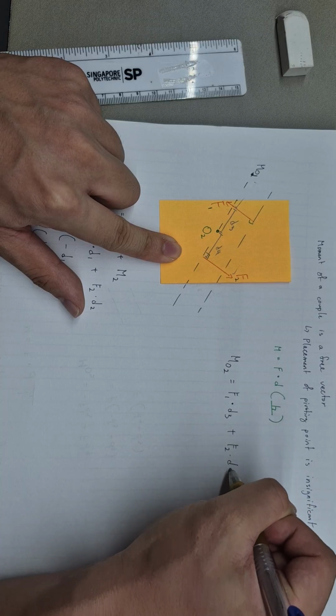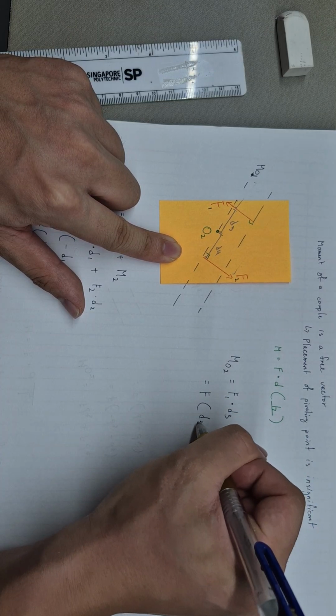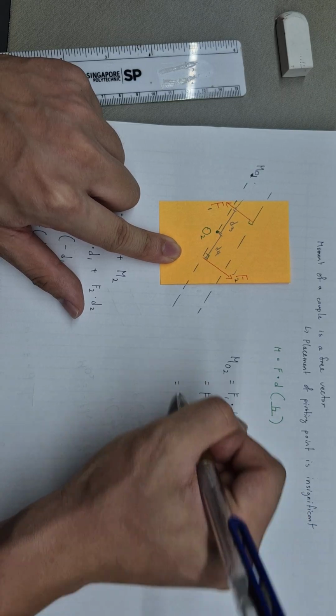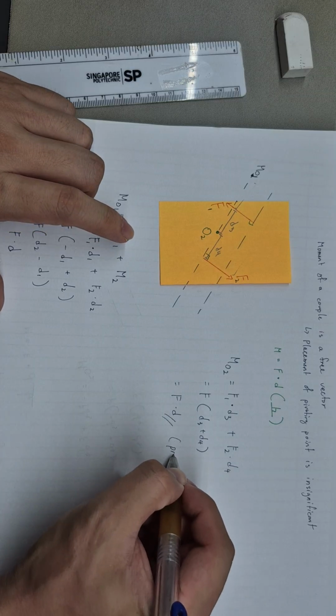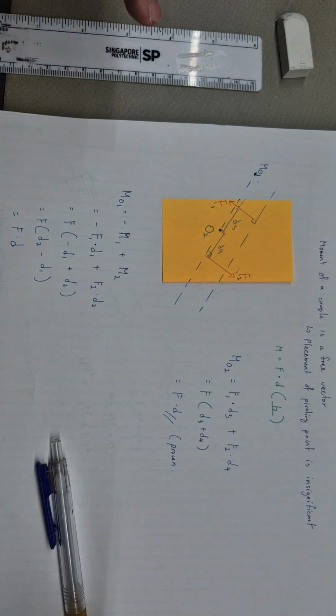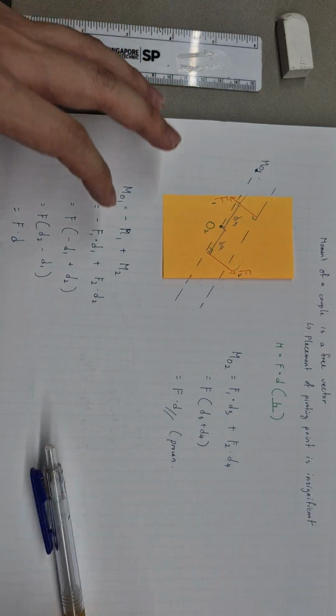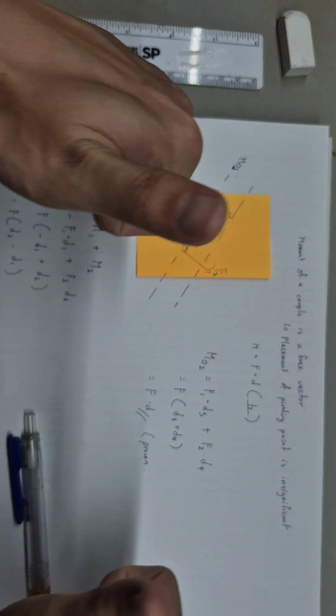So F2 times D4, which equals F times (D3 plus D4), which is also F times D. Proven. So now I have just proved to you that the moment of a couple is a free vector. Means the placement of the pivoting point is insignificant.